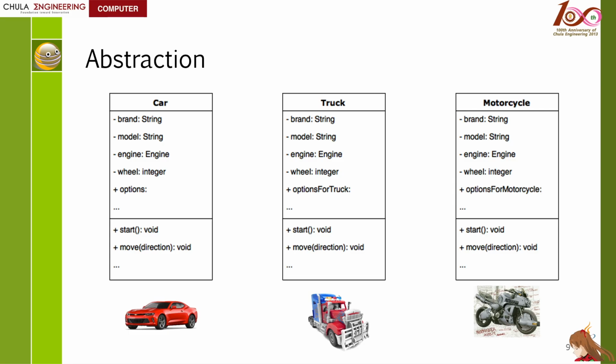So, for example, if we have code for a car, class car, that is, class truck, and class motorcycle, you can see from the example that they look almost identical.